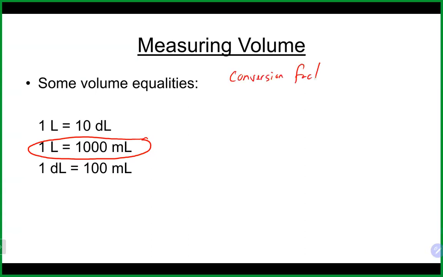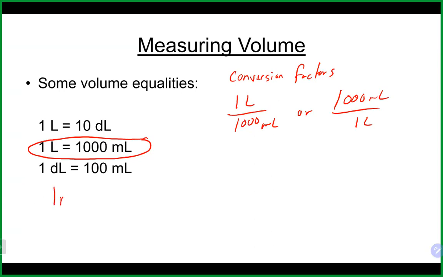And conversion factors are really just fractions. So you could say in 1 liter, there's 1,000 milliliters, or in 1,000 milliliters, there is 1 liter. So you could write some conversion factors that you could use to do some type of calculation if you needed to. But that definitely is an equality that we use a lot.